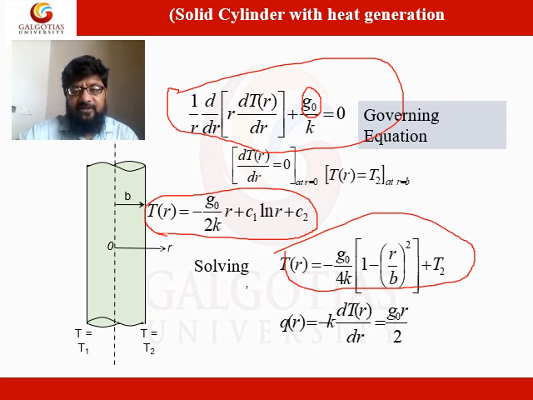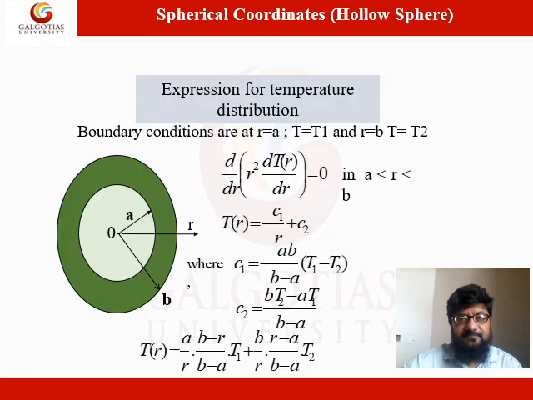And we can calculate the heat transfer rate now by using Fourier's law of heat transfer in radial coordinate system, minus k dT by dr, which will come to this. And from this equation we can easily calculate the thermal resistance of this solid cylinder with heat generation.